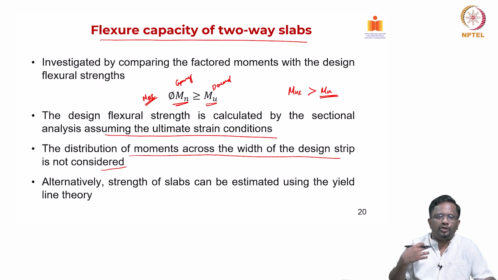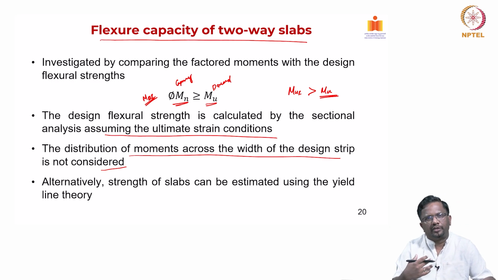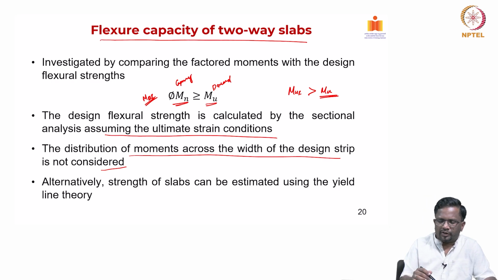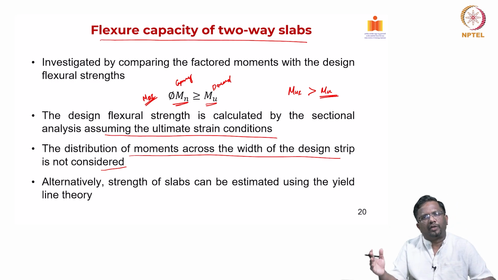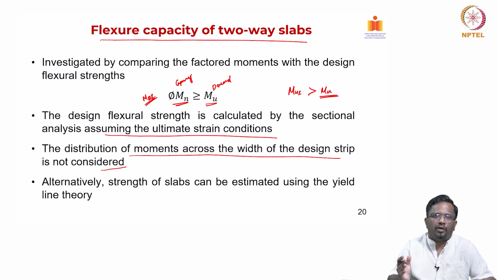So, it is assumed that along the perpendicular direction, along the width of the strip, the stiffness is not going to vary significantly, right. In this way we can check at different cross sections whether the PT cable that we have is able to take care of the ultimate strength or not.